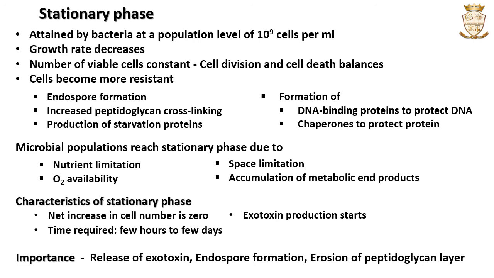Due to the damage to their peptidoglycan layer, such gram-positive cells will appear as false gram-negative upon staining. So during the stationary phase, some bacteria release exotoxin, some produce endospores, and in some gram-positive bacteria, there will be erosion of the peptidoglycan layer.